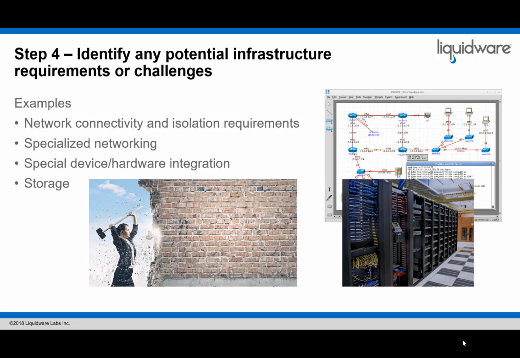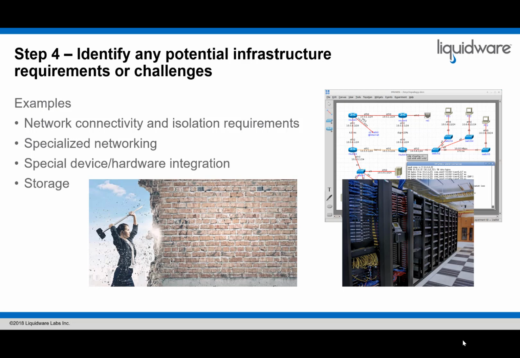Each organization, application architecture, and data center can have a unique infrastructure. So this list of potential issues to research will be unique to each of your candidate applications or services. That said, many of the most common infrastructure challenges can be broken into the following broad categories: network connectivity and isolation requirements.